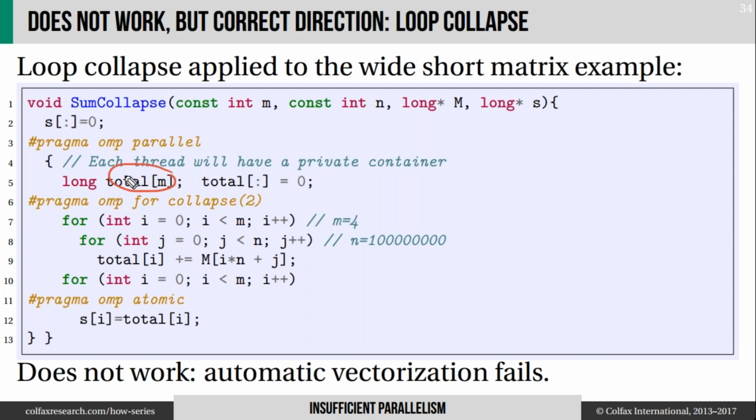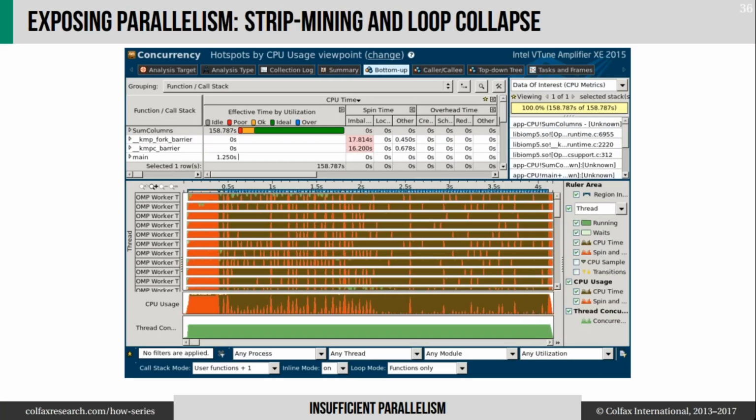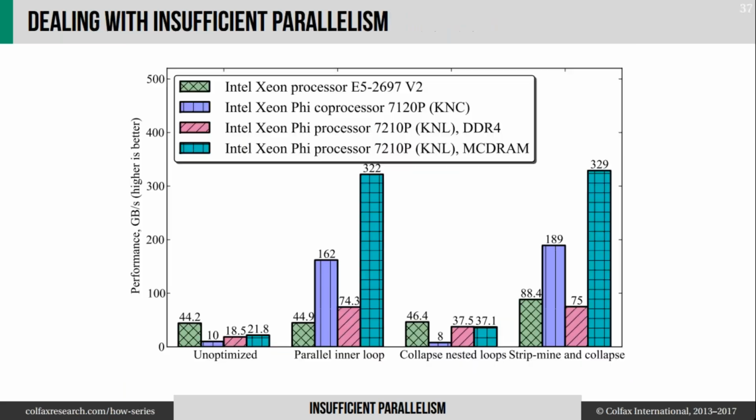I used thread private variables to implement parallel reduction. The screenshot in VTune looks better. All threads are working, all timelines are brown, and here is the performance plot. In the case of Xeon Phi, on this performance plot, I made two tests, one in the on-platform memory and the other in the high bandwidth memory.